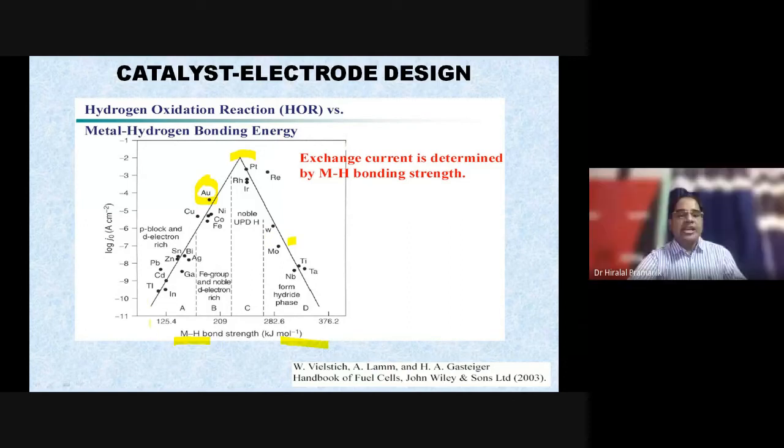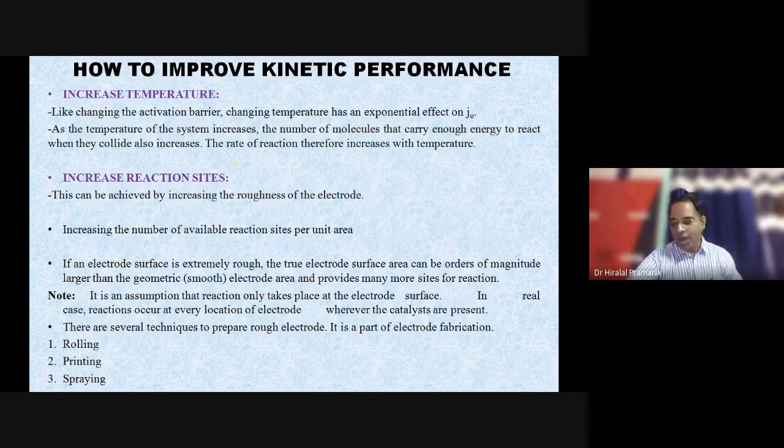Even a very low bond between hydrogen and metal will give you low current. You can see this region and this region will give you low current, because with low strength there is low interaction, so no transfer of electrons there. High interaction won't release the hydrogen. That's why there is less current. But intermediate binding energy or bond energy will give you higher current density.